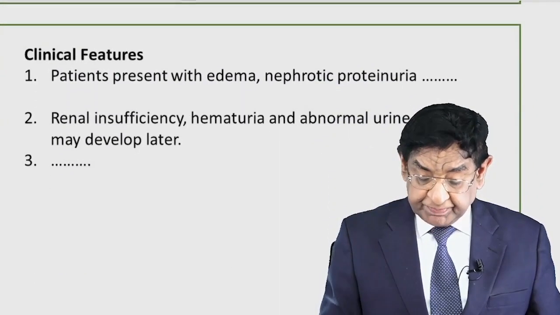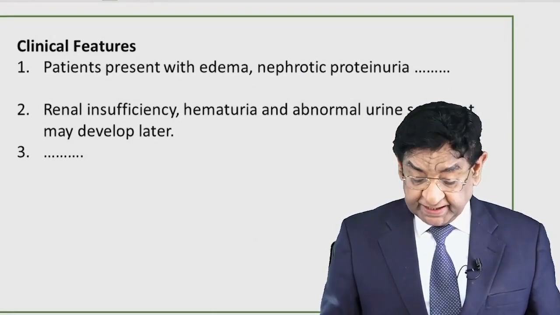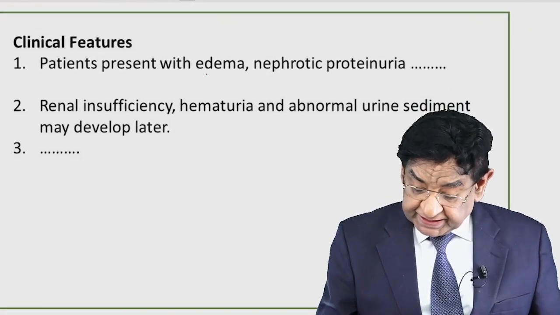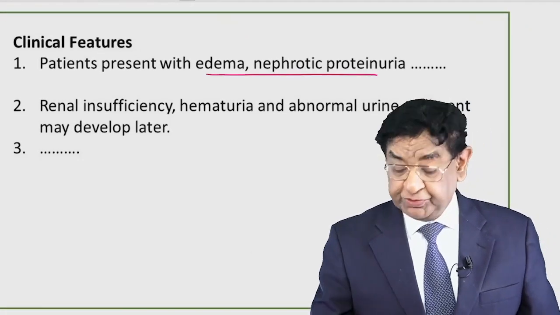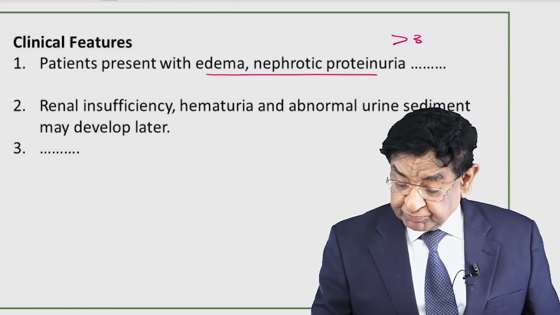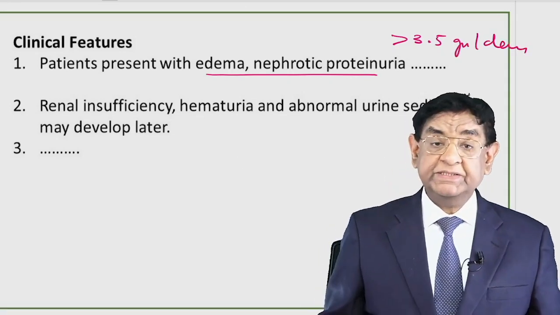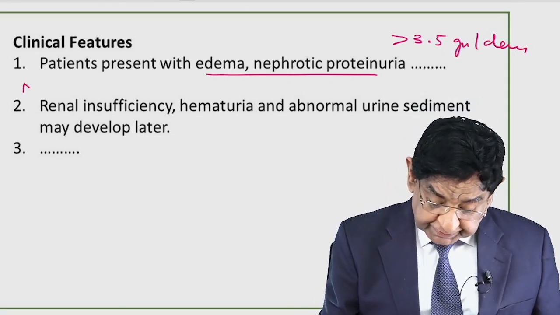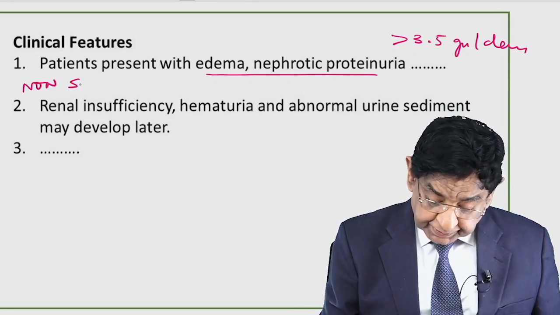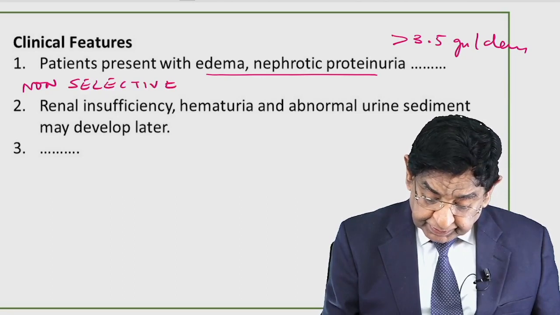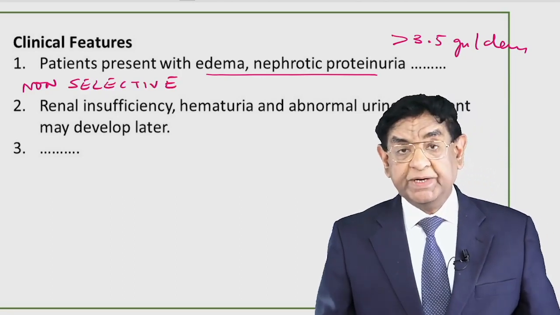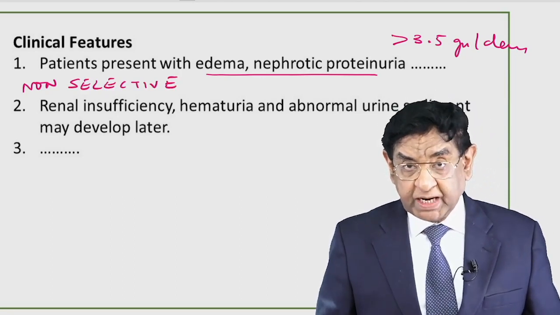Now let's talk briefly about the clinical picture. In this case, the patient comes with edema, nephrotic range proteinuria, that means more than 3.5 grams per day, but it is non-selective proteinuria. That means not only albumin comes out, other proteins also come out.